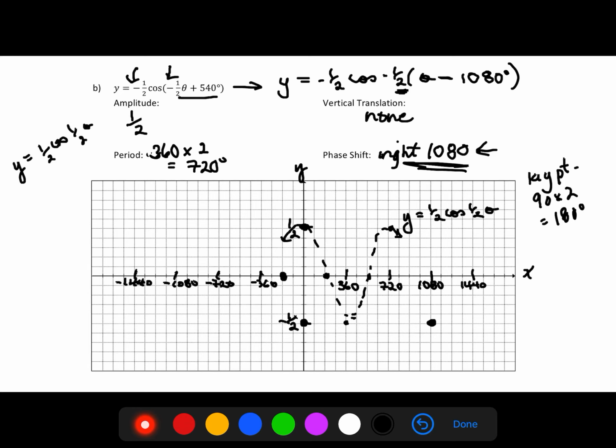Next point reflects around the y-axis and the x-axis, but again reflects over 1080. And remember, our key points are every 180, every 2 blocks.